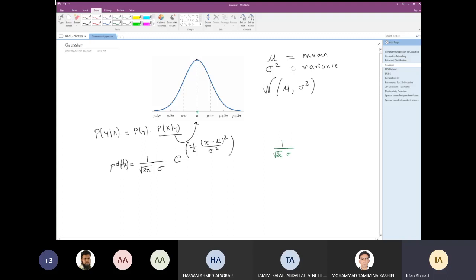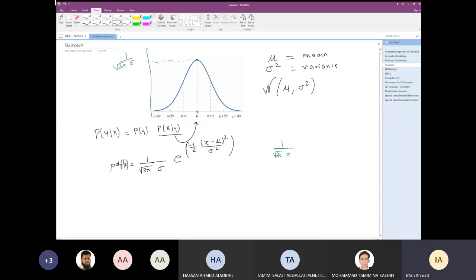So this is the likelihood value you get, 1 over square root of 2 pi times sigma.